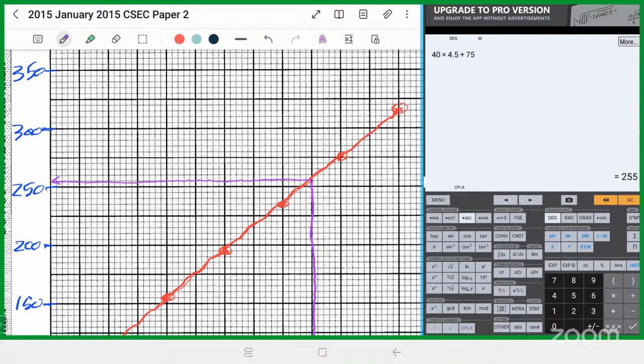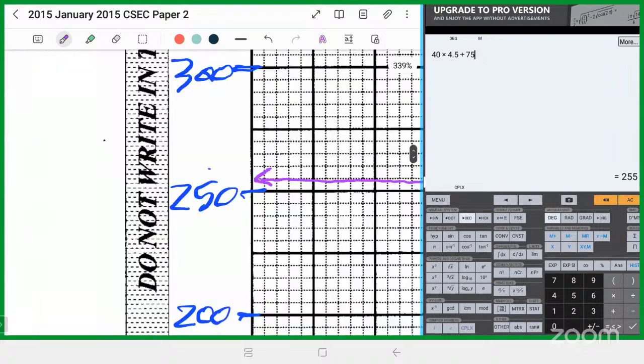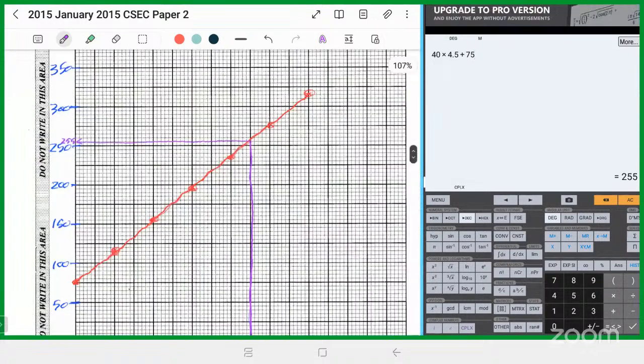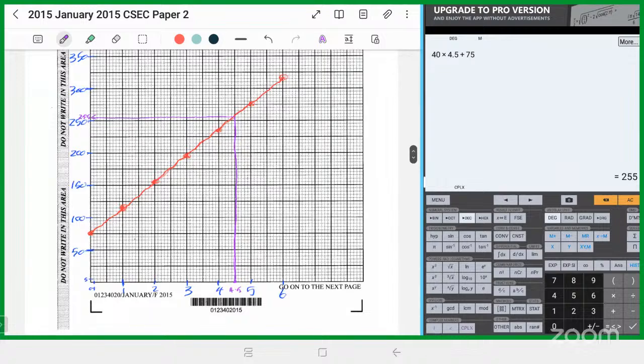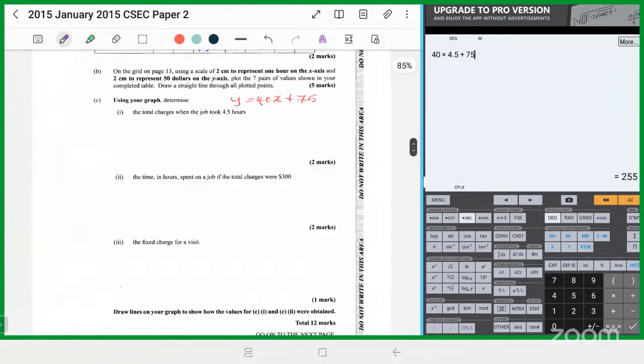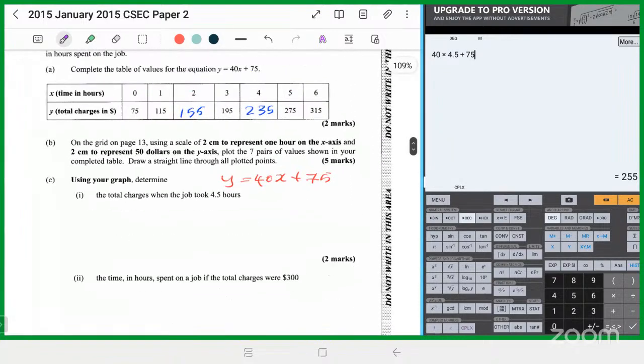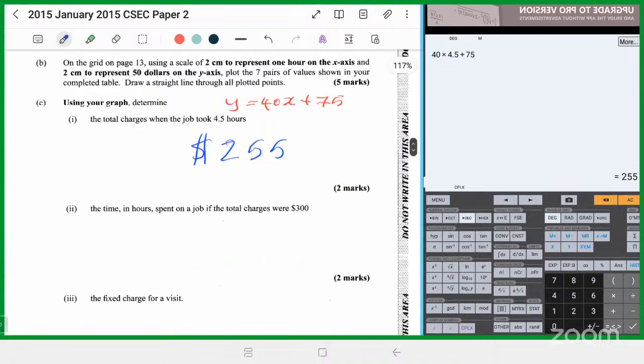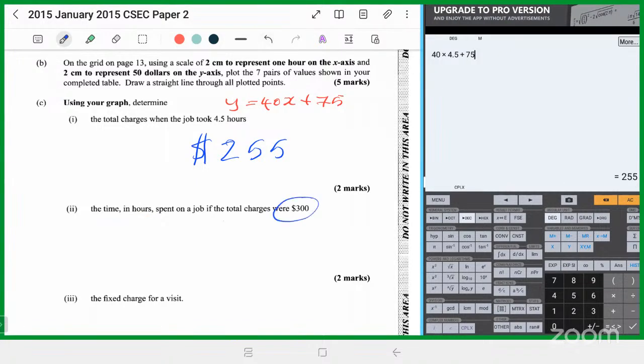That is the charge. That is $255. That's how you show that you used a graph, with those lines that I've drawn in purple. So I can just write my answer here now. This is $255 with the dollar sign on it. Without charge, $255.